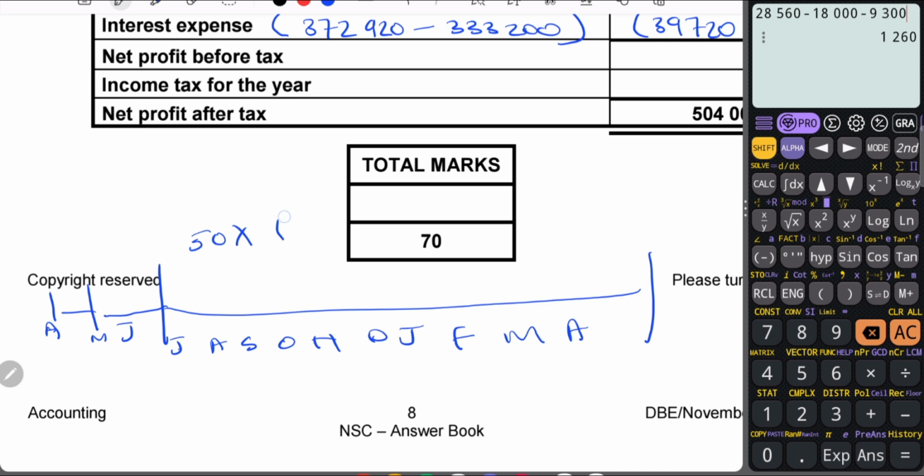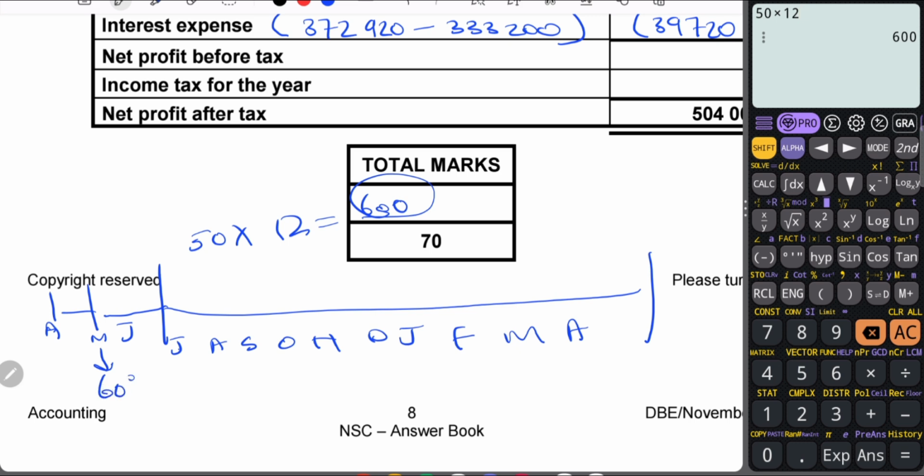So 50 multiplied by 12, I'm supposed to pay 600 rand in total as a result of rent. But in the previous year, I'm just making an example, during March, I paid 60 rand.